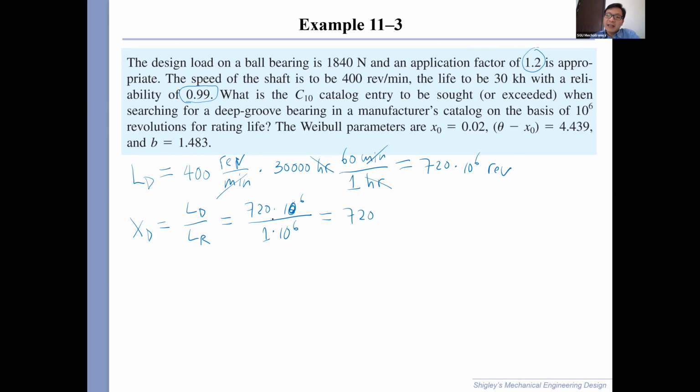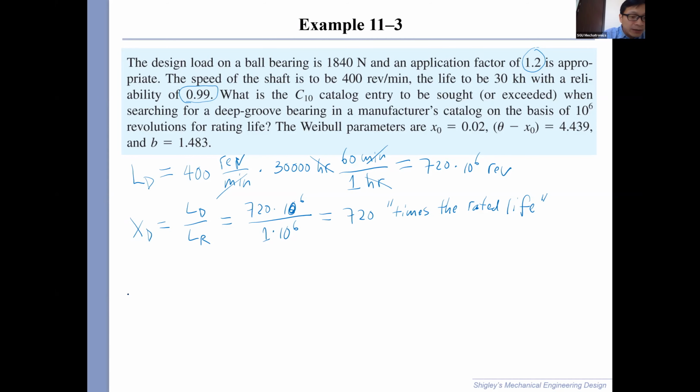If the rated life is 1 million, then my desired life is 720 times the rated life. So if the standard lifetime is 1 million, I want 720 times that. That's what XD is. You can think of it that way, so it's not confusing.